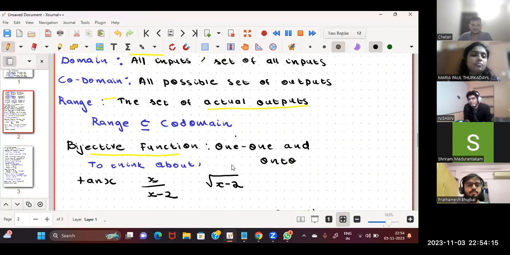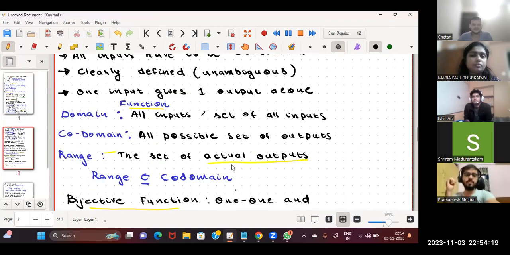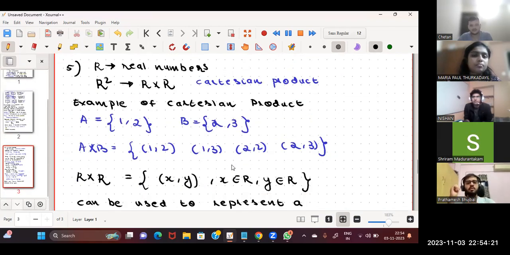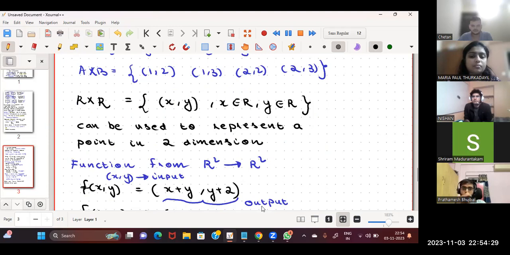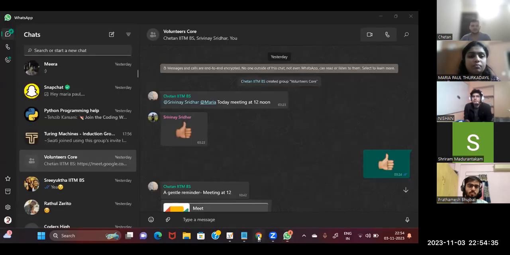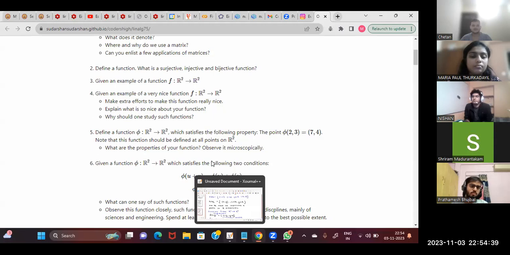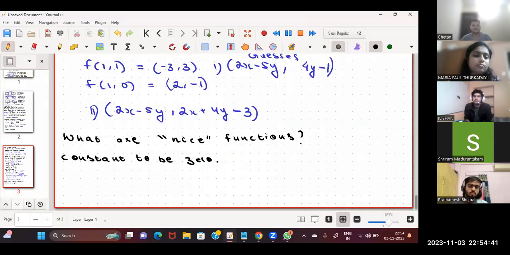Okay, let's move on to the next question. The next question says: define a function phi from R2 to R2 which satisfies the following property. The point phi(2, 3) equals (7, 4). So (2, 3) gives you (7, 4). We just saw that there are infinitely many such possibilities.